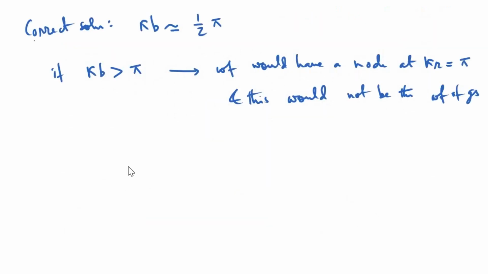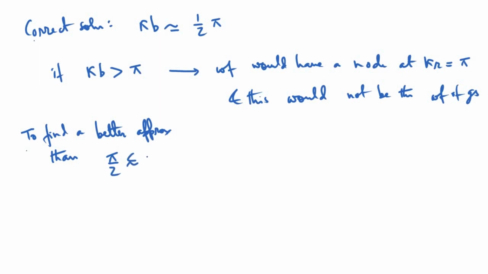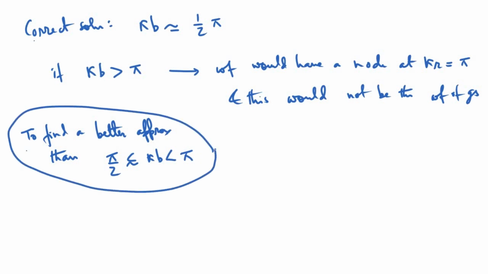Now let us try to find a better approximation. How do we do that? Let's see. To find a better approximation than pi by 2, less than approximately b less than pi, let us try to do that.